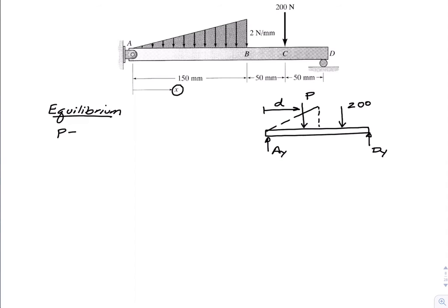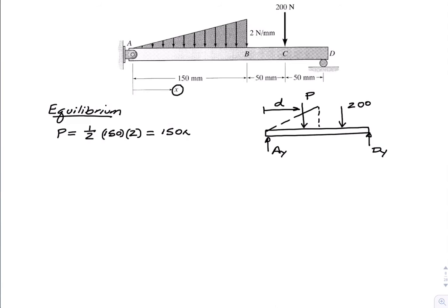The load P is going to be the area under that curve, or the loading curve here. So it's 1/2 the base, which is 150 millimeters. And the height over there on the right side is 2 Newton per millimeter. So multiply that by 2. And again, because it's a triangle, I'm multiplying it by half there in front.